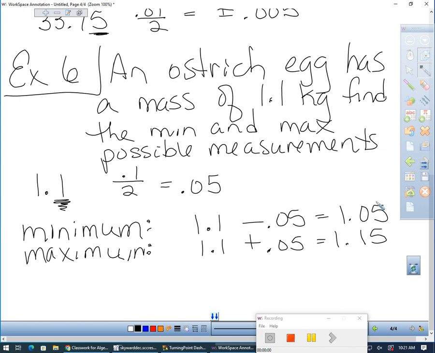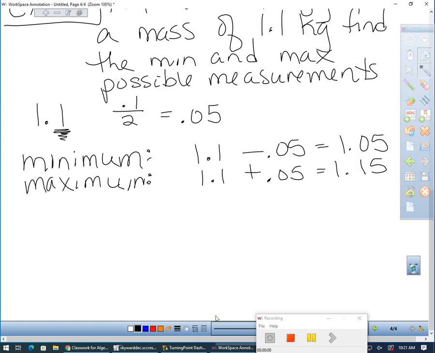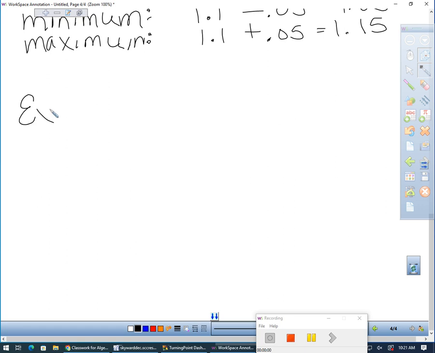Okay? I want to do one more. Example number 7. And that's my last one. This will cover 20 through 22.